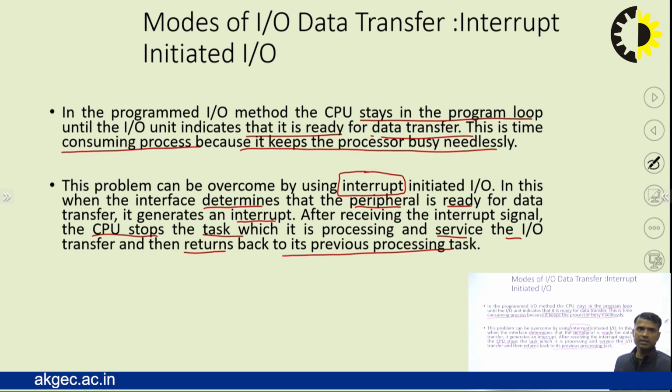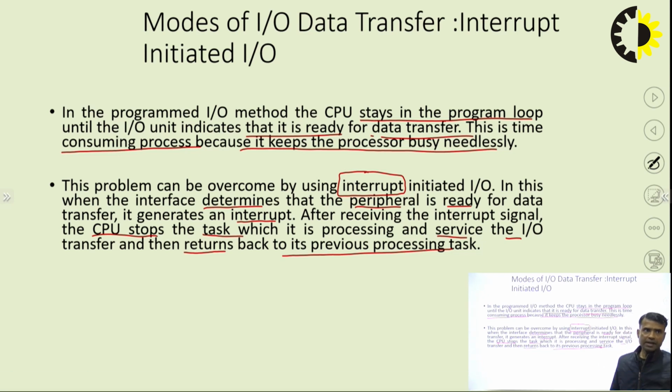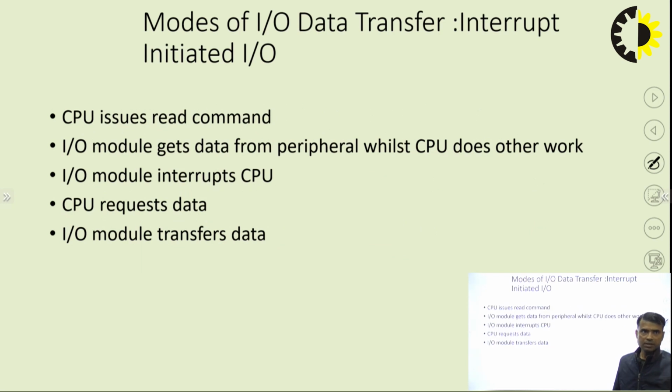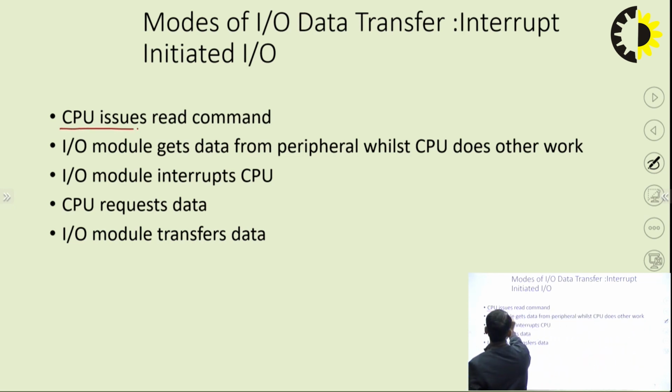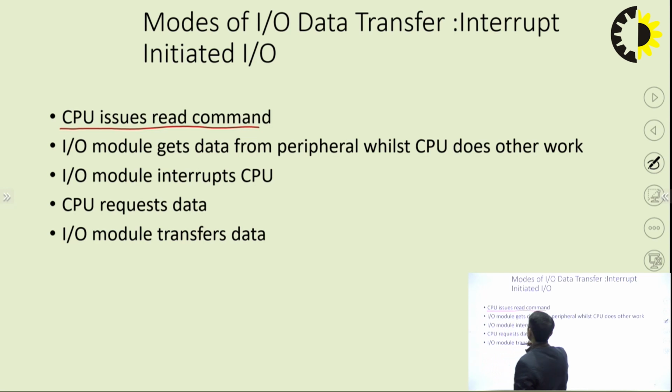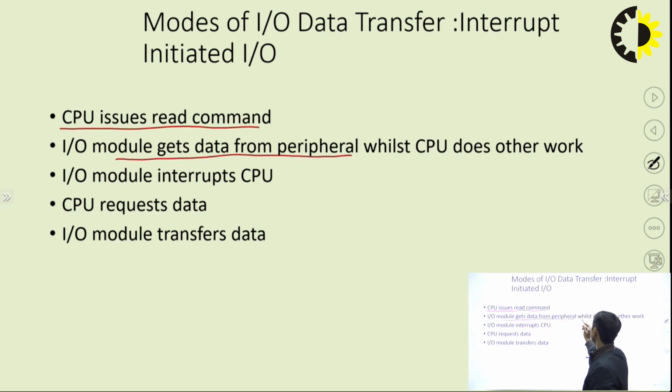So, let us understand this interrupt driven I/O process. The steps involved are: first, the CPU issues a read command. After the CPU issues a read command, the I/O module gets data from the peripheral while the CPU does other work.